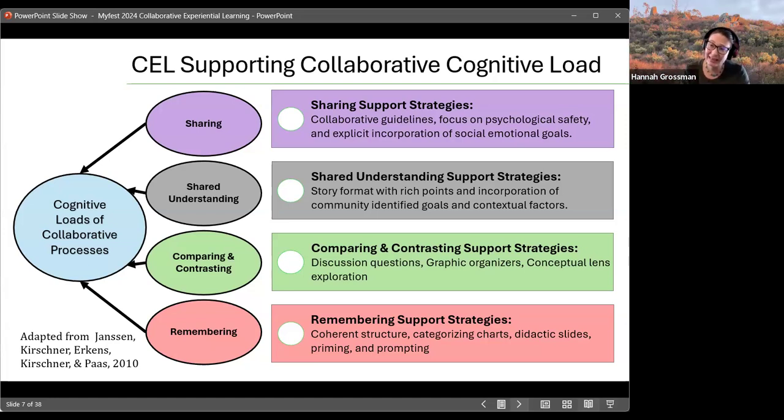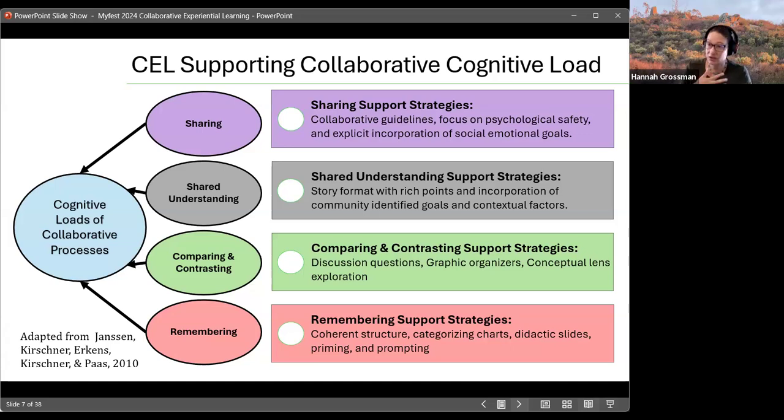So when you're collaboratively combining ideas and putting them together, the work of orienting them together can actually change how hard that collaboration can be.